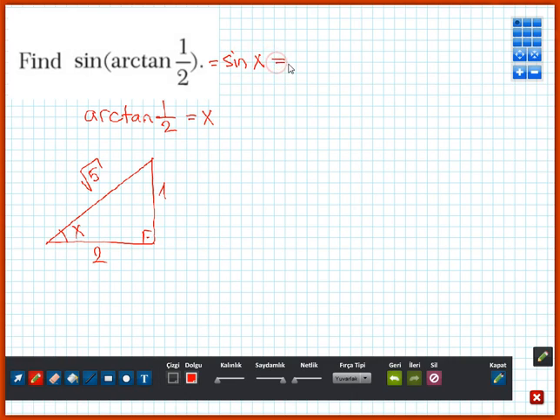X is a positive angle, because in the first quadrant tangent is positive. So sine x is equal to opposite over hypotenuse, 1 over root 5, which is root 5 over 5. Okay, I think it's clear.